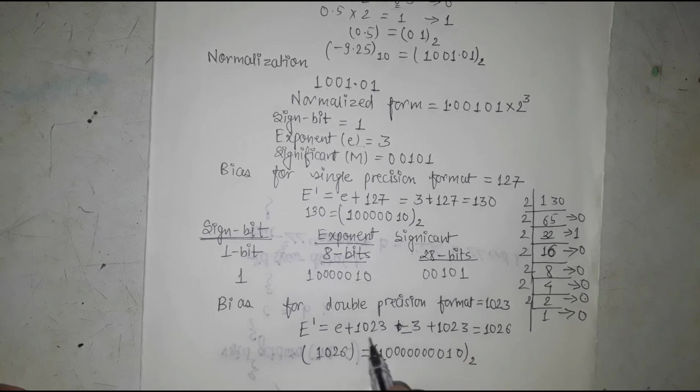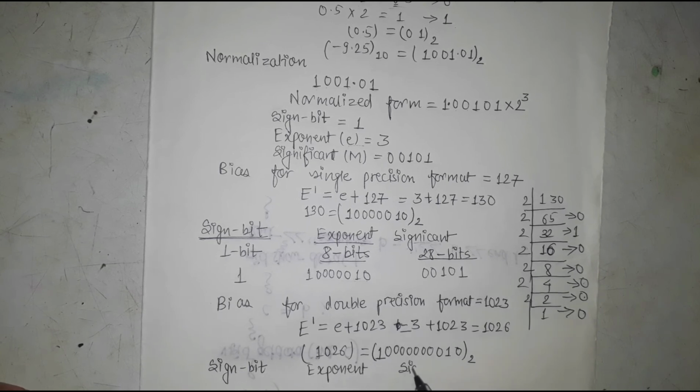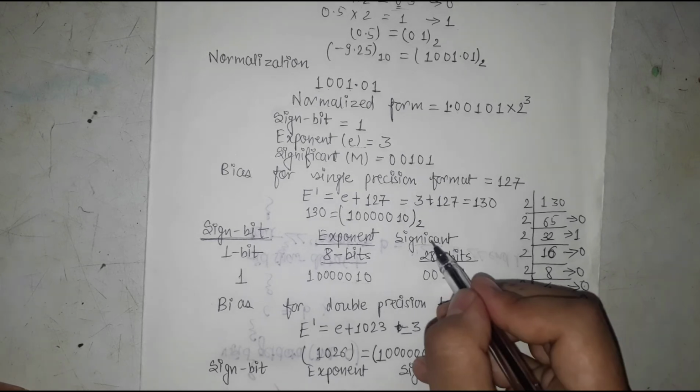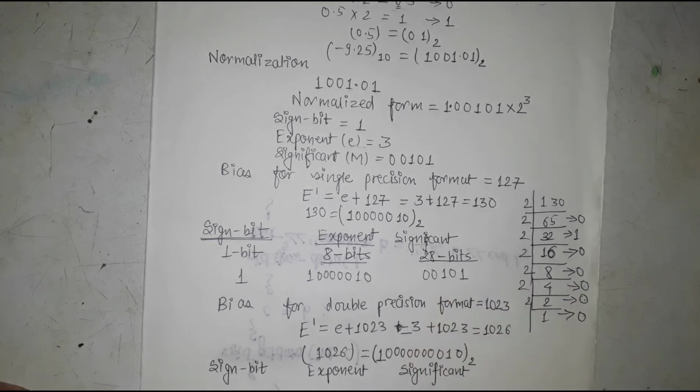So after we get the exponent, we'll directly represent it in double precision format. So this is the exponent here, and this is the significand. Sorry, I actually made a mistake over here on the spelling. So this is 1 bit. The exponent in case of double precision is 11 bits, and the significand is 52 bits.